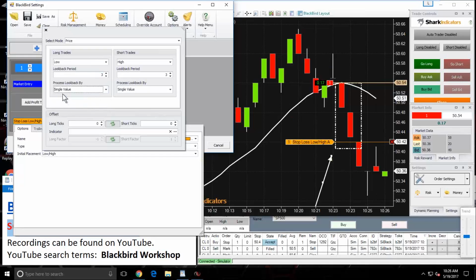Single value means you're looking at just that single bar 3 bars back. Or if we wanted to look back 6 bars, then a single value would be looking at only that one bar that's 6 bars back historically.